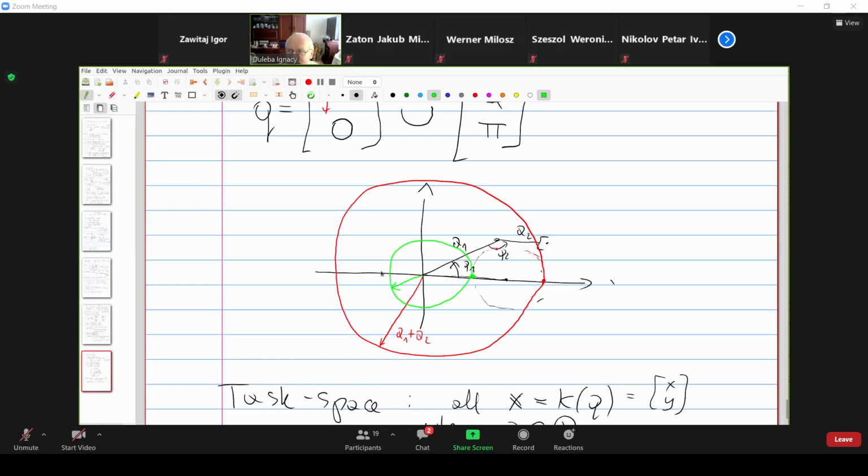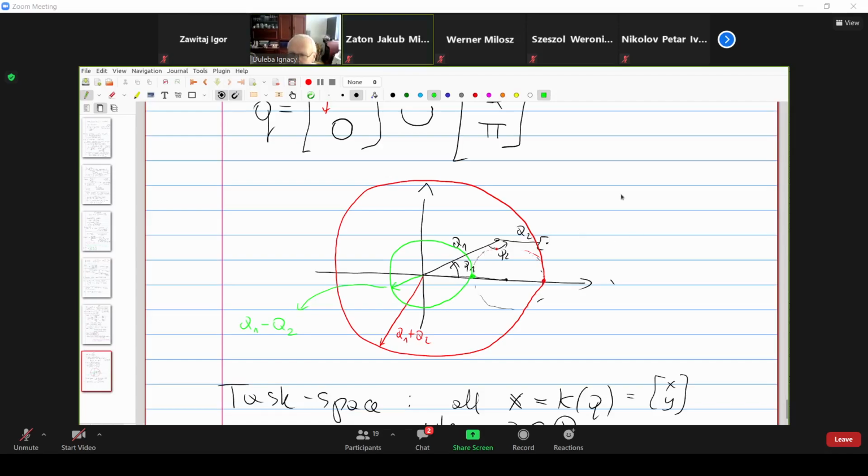Please help me and decide what would be the radius of this circle. I think it should be A1 minus A2. Oh, in this case, yes, but generally, what would it be if A1 were smaller than A2?